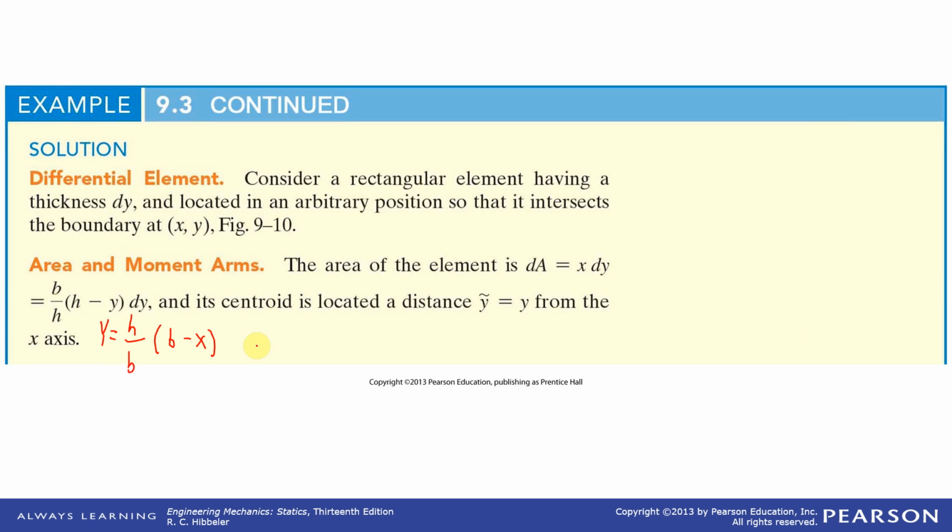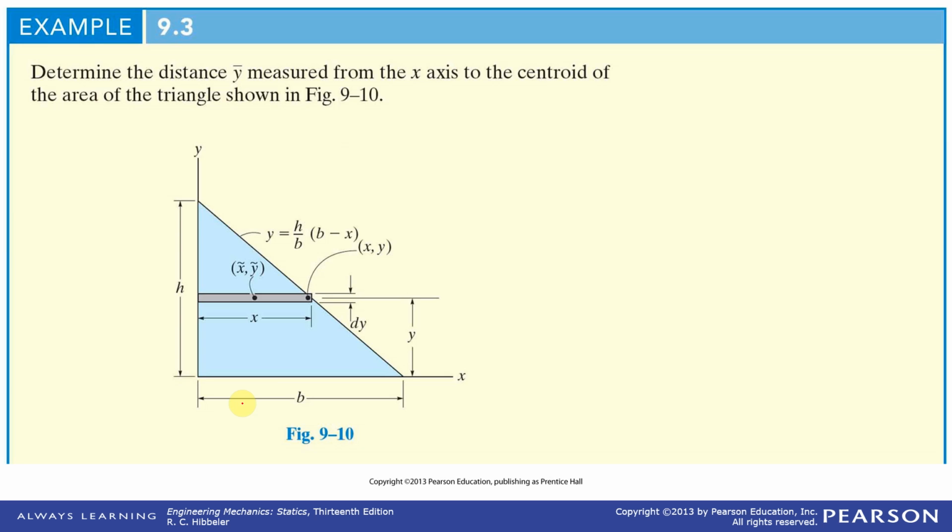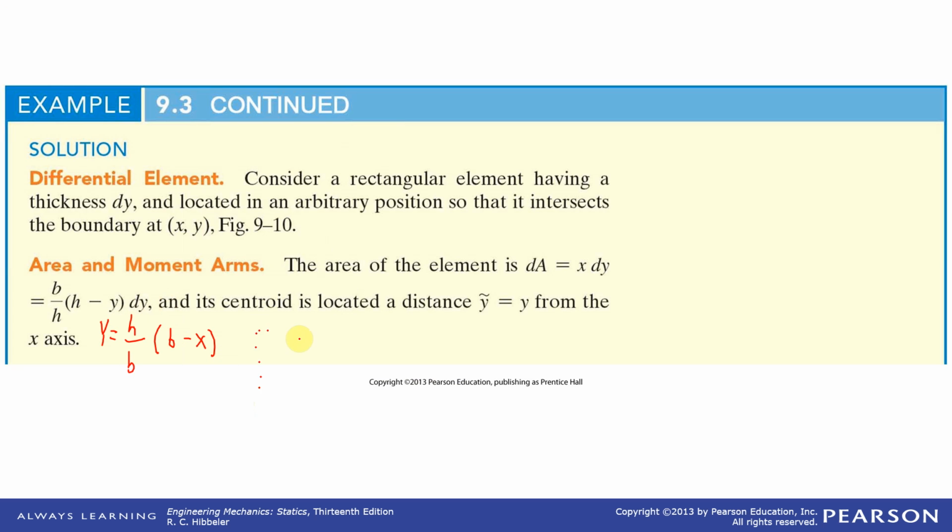There, triple dots, by the way, mean therefore. Therefore, by equals hb, distributing this, minus hx.